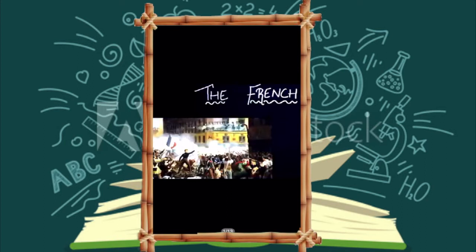What is the civil war? What is civil war, children? So civil war is the war within the country. That is called a civil war. If we fight a war with other countries, that is called war. And if the war is within the country between two groups, that is called a civil war.